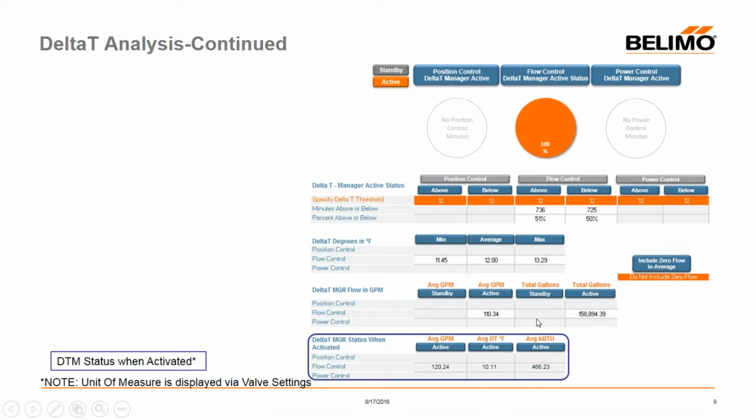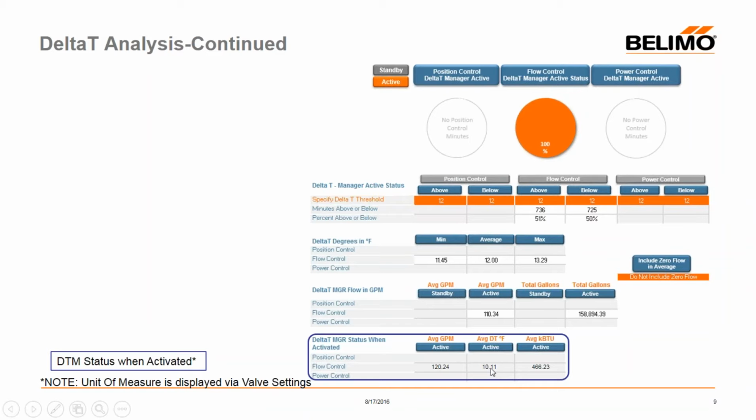This is a very interesting box. This shows you what happens when the delta T manager is activated. So in other words, every time the delta T manager was turned on or became active, we take a time stamp at that point in time. And then we take an average of all those stamps. So in this case, it's saying that the average flow rate through the valve when the delta T manager activated itself, took control of the valve, was at 120.24 GPM.